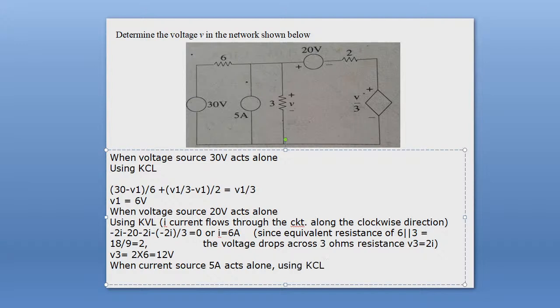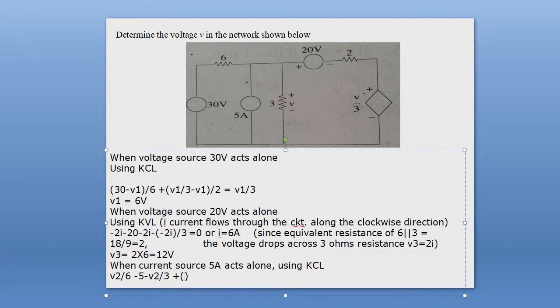For this case, using KCL, we can write, suppose you consider V2, minus V2 by 6, minus 5 ampere, minus V2 by 3, plus how much?